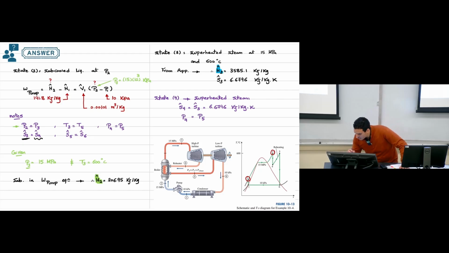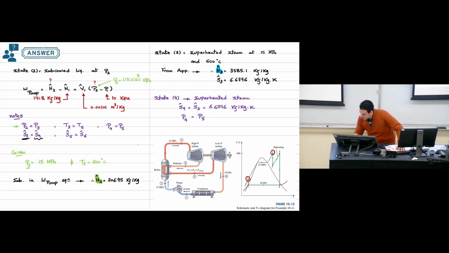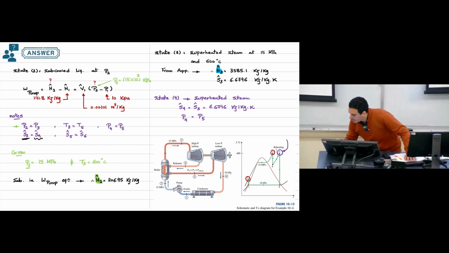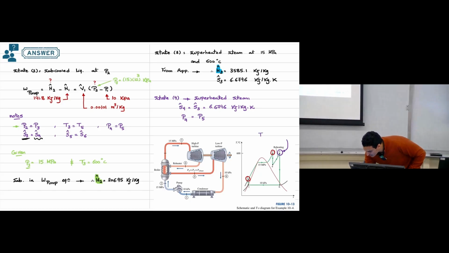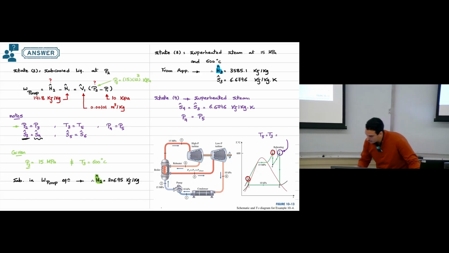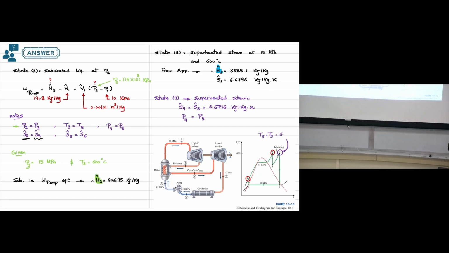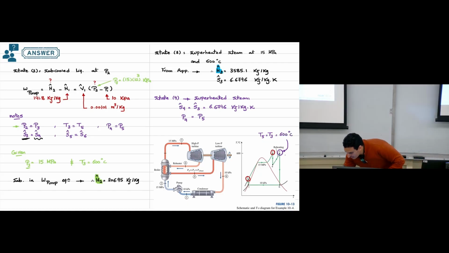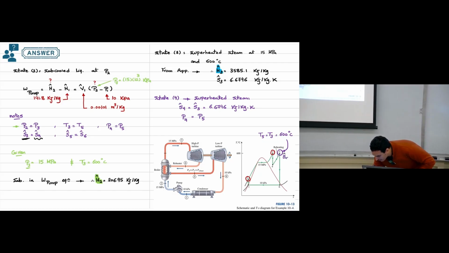Also, for state number 5, I know the temperature. I know that temperature at point number 5 equals temperature at point number 3, and the temperature we have for point number 3 is 600 degrees Celsius. And the other information, I know that the entropy at point number 5 equals entropy at point number 6.